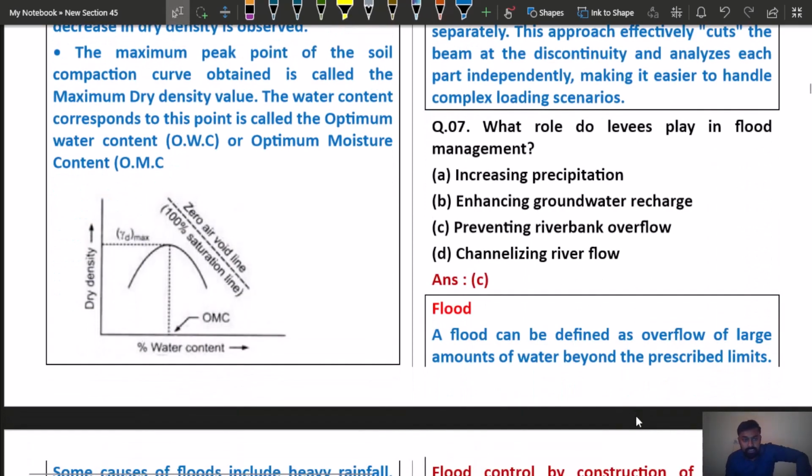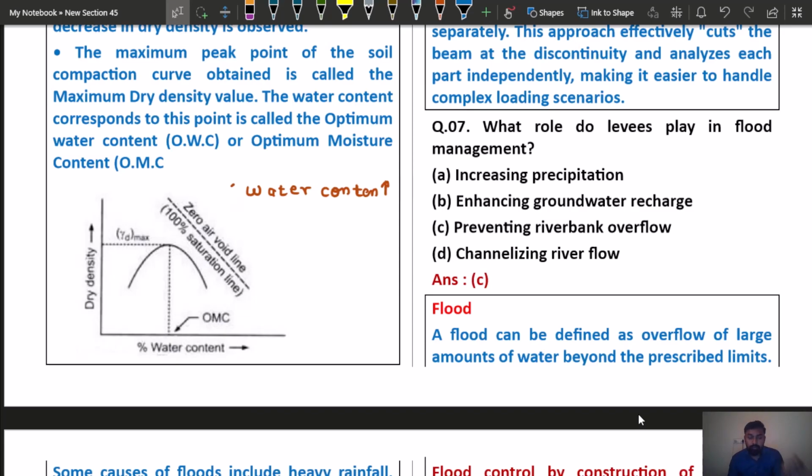If we are increasing water content, what will happen? If we increase the water content, the air trapped in the voids of the soil will be removed and compaction will happen easily.